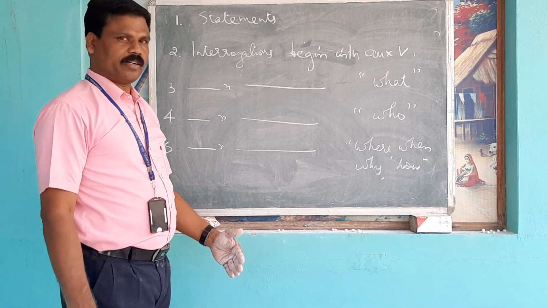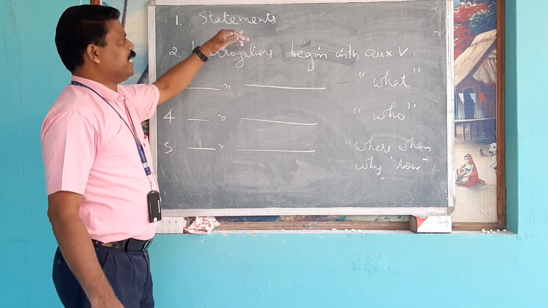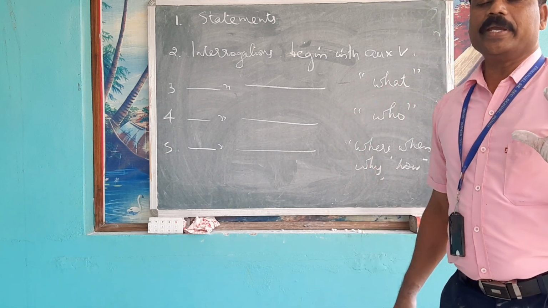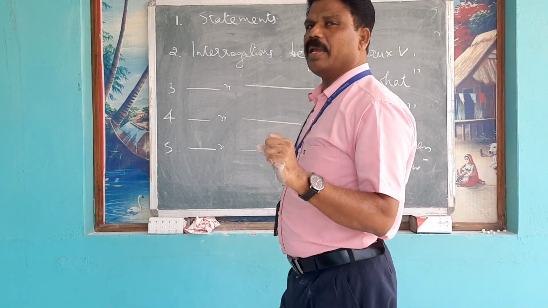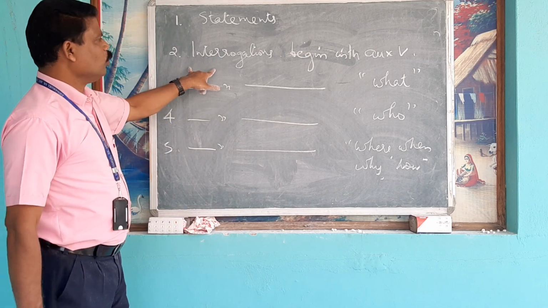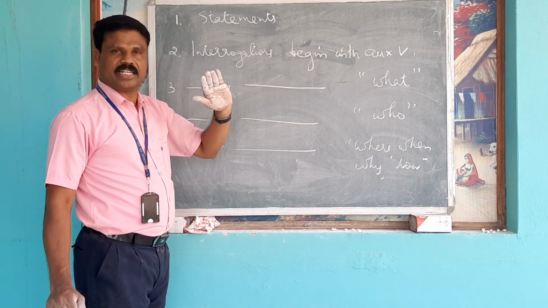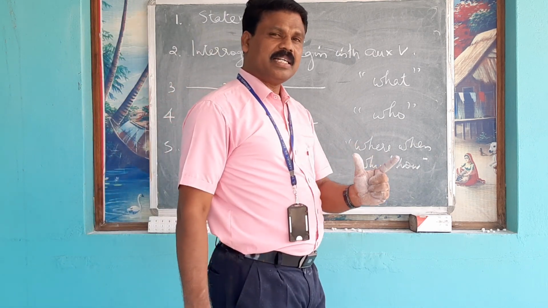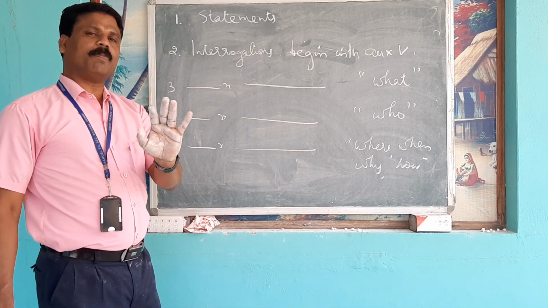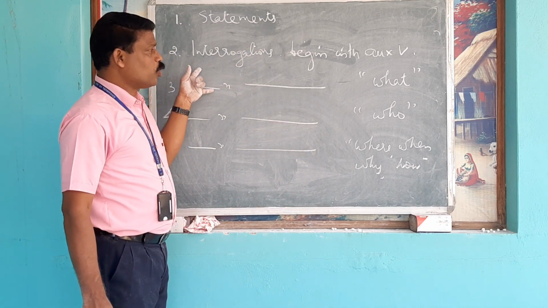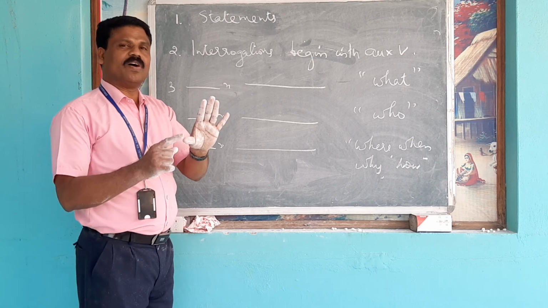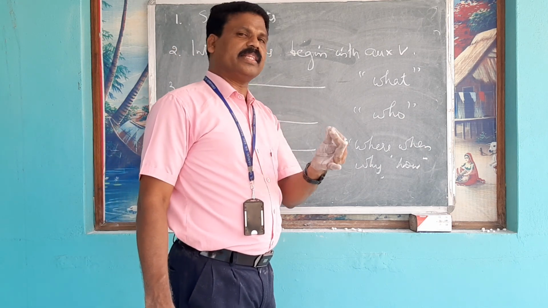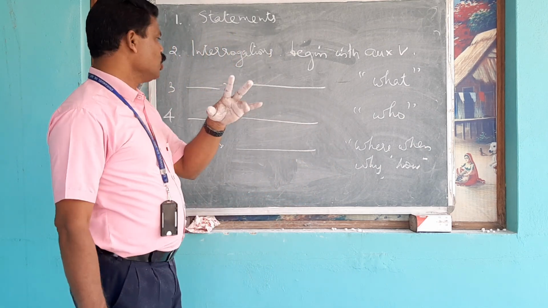So let us have a revision. Number 1, statements. Rule: object plus auxiliary verb plus be, being, been plus third verb plus by plus subject. Number 2, interrogations beginning with an auxiliary verb: auxiliary verb plus object plus be, being, been plus third verb plus by plus subject plus question mark. Number 3, interrogations beginning with what: first write what, then the singular auxiliary verb, then be, being, been, then the third verb plus by plus subject plus question mark.